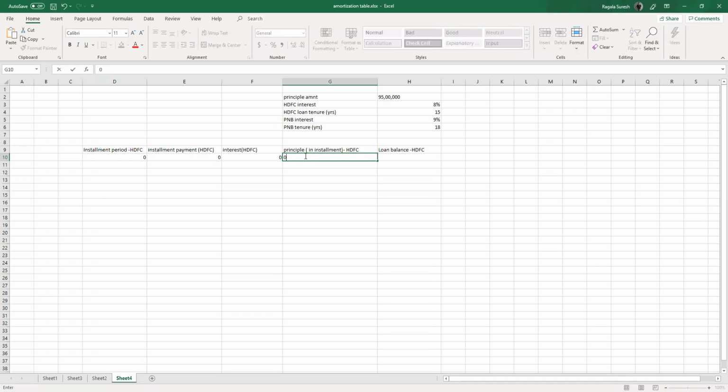Installment is 0. This is like the initial condition. So the loan amount is this. So this is the first installment. Installment payment, there is a formula PMT, as you already know. Right?